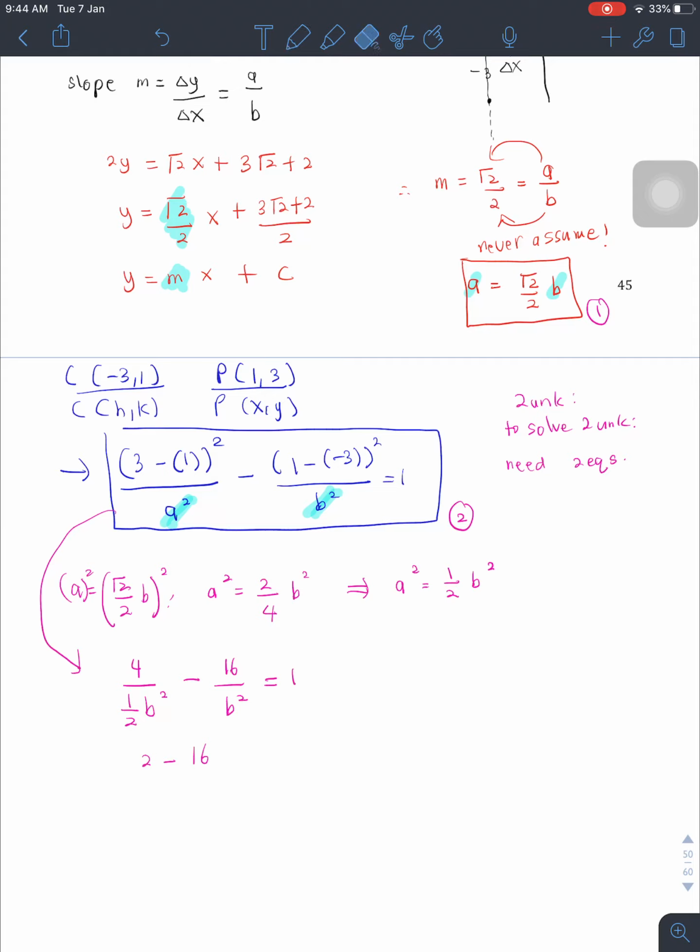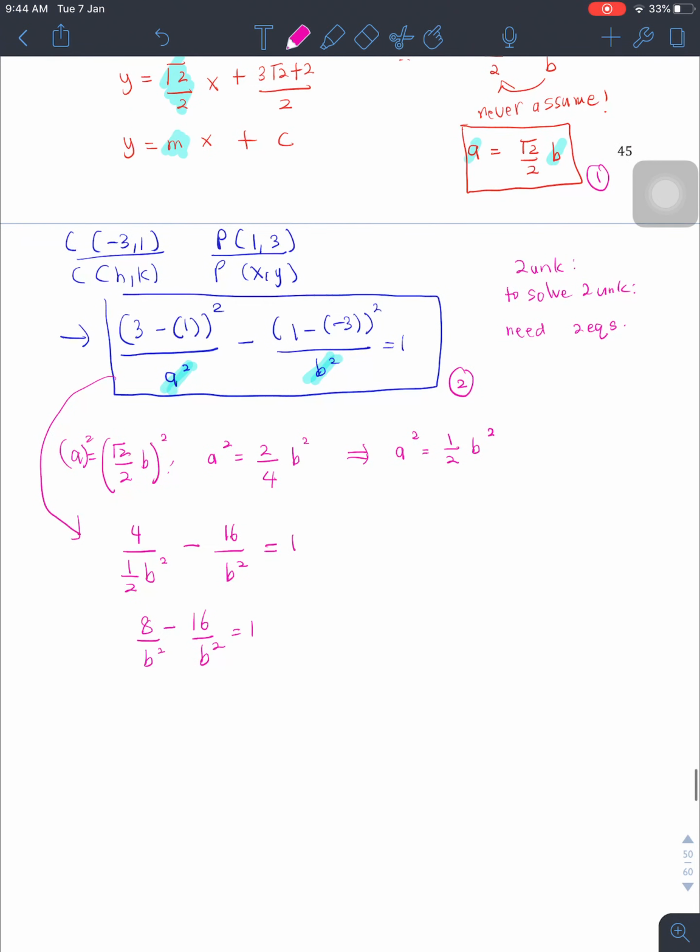I'm sorry, I got it wrong. It's going to give you 8 over b squared, minus 16 over b squared equivalent to 1. Again, simplify, which is going to give you negative 8 over b squared equivalent to 1. If you simplify, you're going to get b squared equivalent to negative 8.